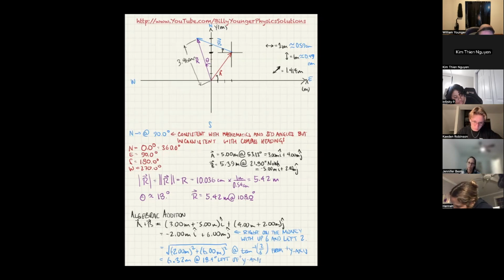Okay. So even with all the trials and tribulations that I did there, I got a pretty good result. Numerically, the number is supposed to be exactly 6.32 at 18.4 degrees. Or you could call that 108.4.